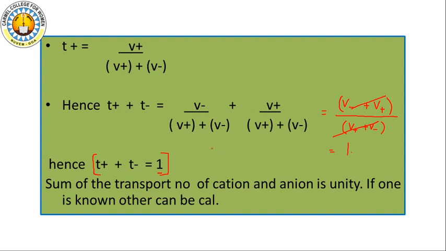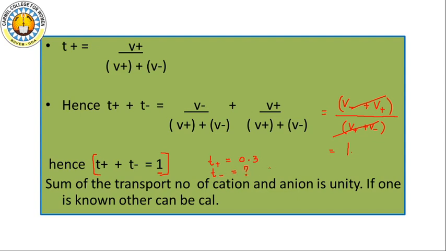So if you know one of them, suppose you know the value of T plus, say T plus is 0.3, then you can find out T minus.